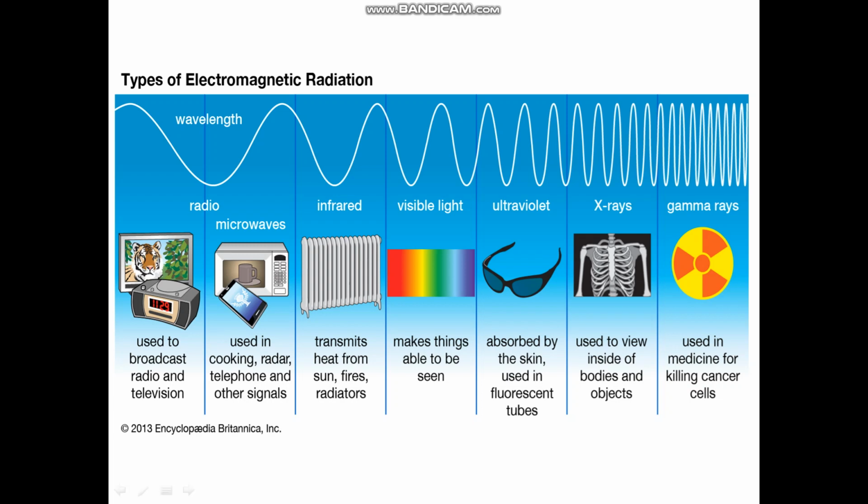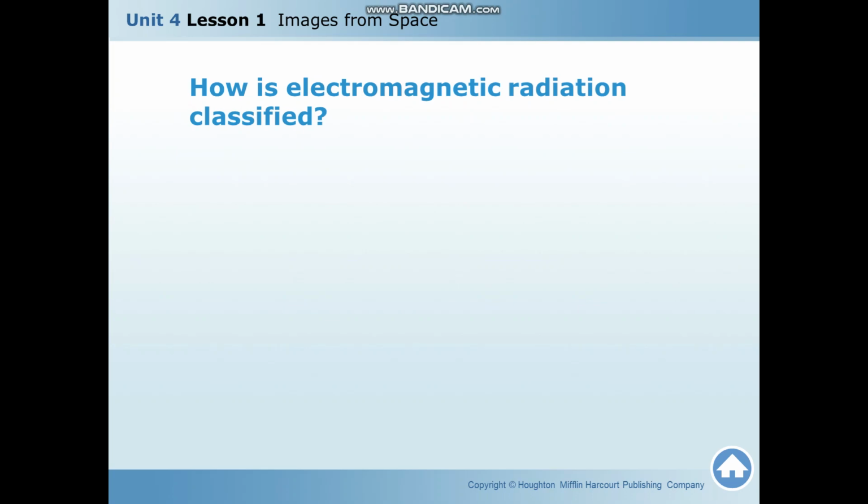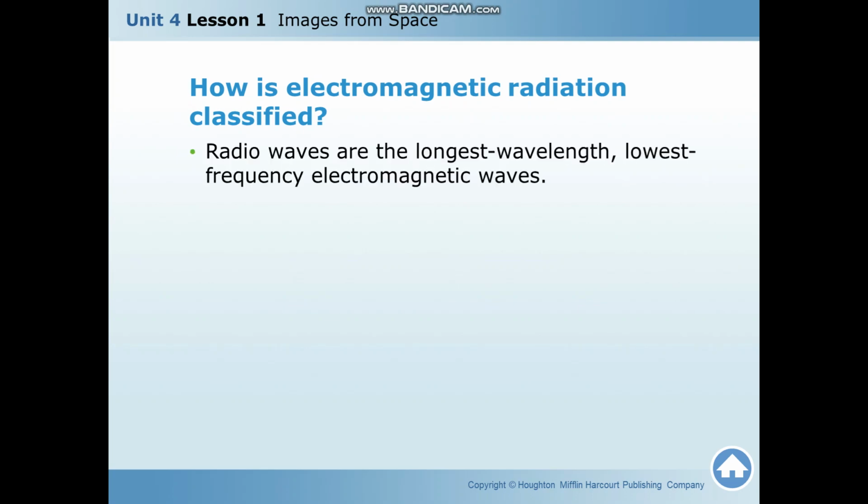Visible light makes things able to be seen. Ultraviolet light is absorbed by the skin, and is also used in fluorescent tubes. X-rays are used to view the inside of bodies and objects, and gamma rays are used in medicine for killing cancer cells.